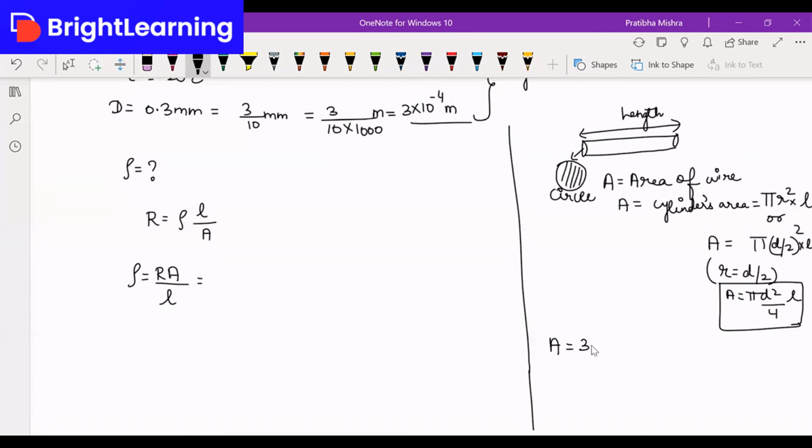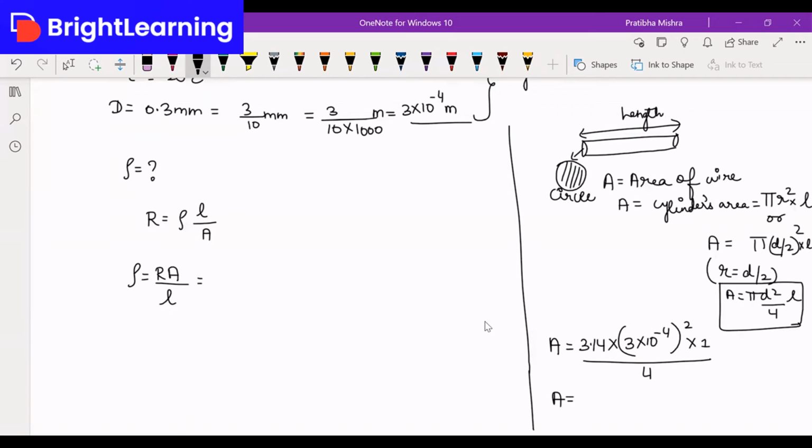Area, pi is 3.14. Diameter is 3 into 10 to the power minus 4, right? So 3 into 10 to the power minus 4, the whole square, into length 1 meter. Now what we will do is, let us divide this by 4 and then see what answer we get here.